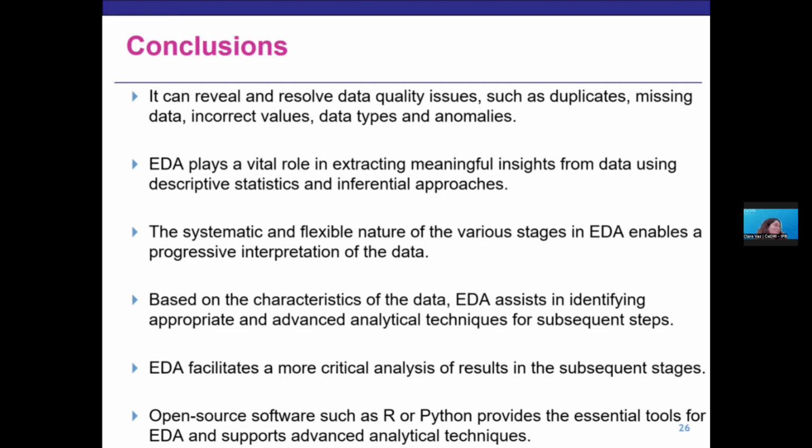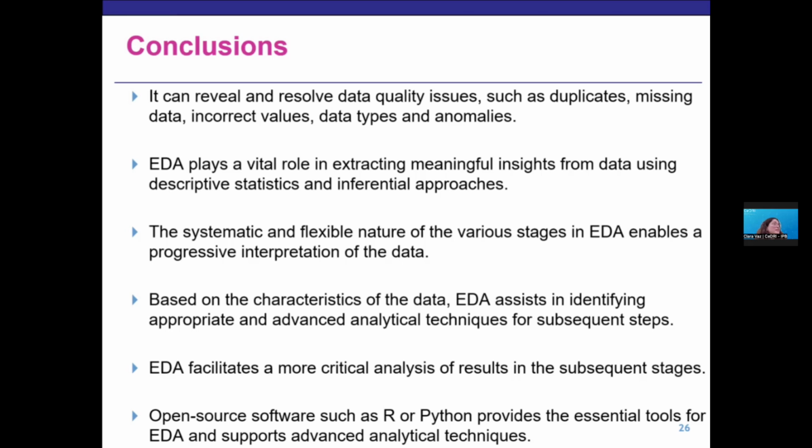This step is crucial and should be done before calculating statistics and plotting graphs. Also, exploratory data analysis can play a vital role in obtaining knowledge about the data by using descriptive statistics and inferential approaches.